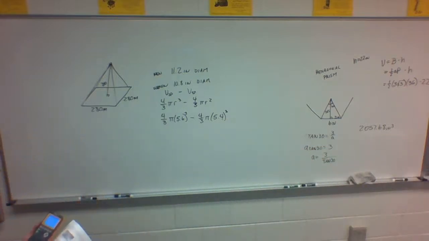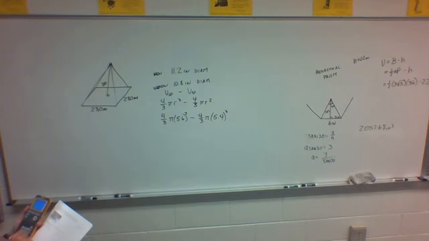Okay, so do you know how to put 4/3 in your calculator? It's got to be 4 divided by 3, or use your fraction key. I get 76.035.